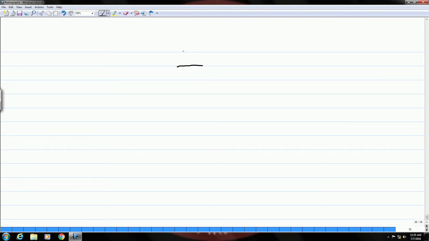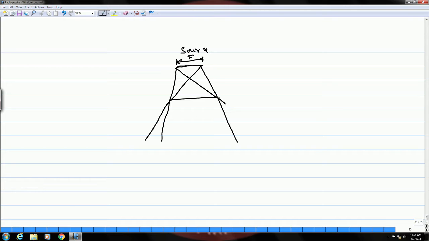So, let us say this is the source with a spot size of f, and then you have the object. So, again because of its size, it will act as multiple point source like this.